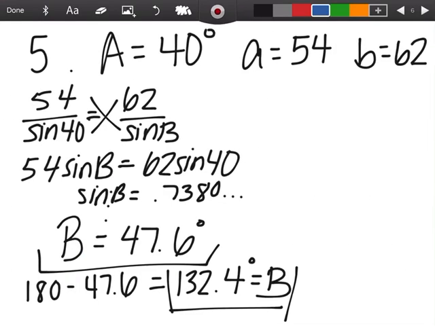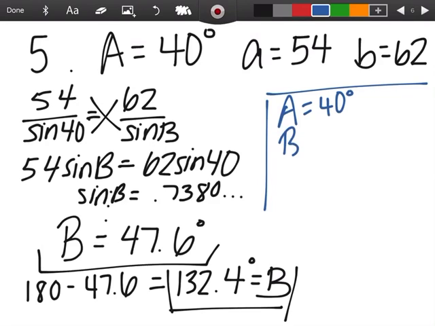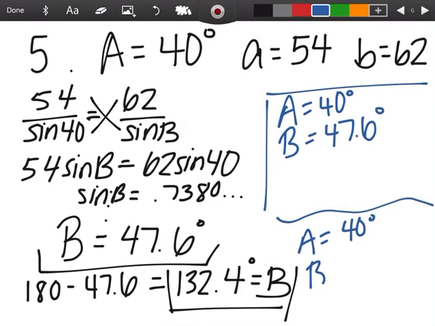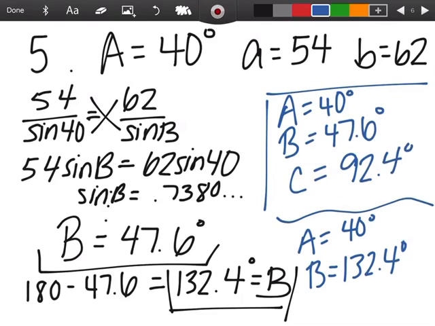But in this case, let's look at A being 40 and B being 47.6, and then let's look at A being 40 and B being 132.4. So if A is 40 and B is 47.6, 180 minus 40 minus 47.6, C is 92.4 degrees. And this is a triangle because all 3 angles are positive.